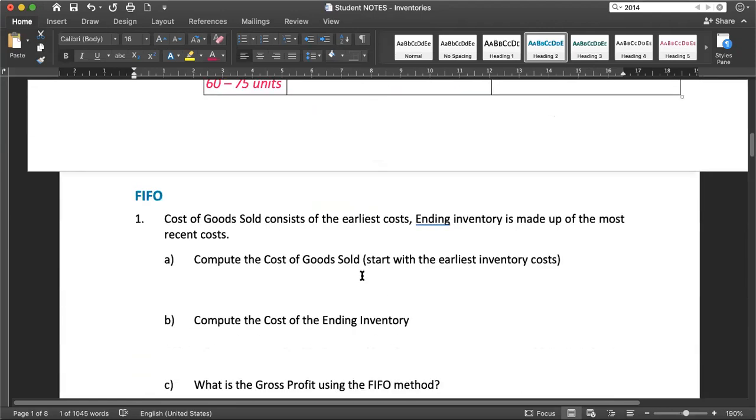The first method that we are going to look at here is the FIFO method, first in, first out. Let me emphasize this is FIFO perpetual. The cost of goods sold, remember, is the earliest cost. The ending inventory is going to be made up of the most recent cost, but considering perpetual.